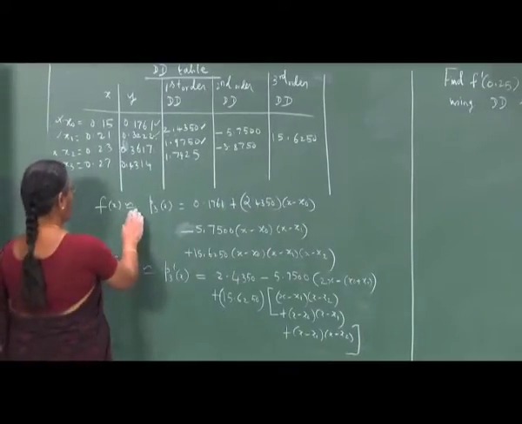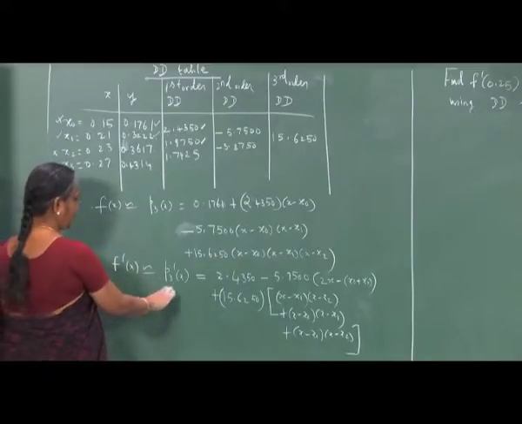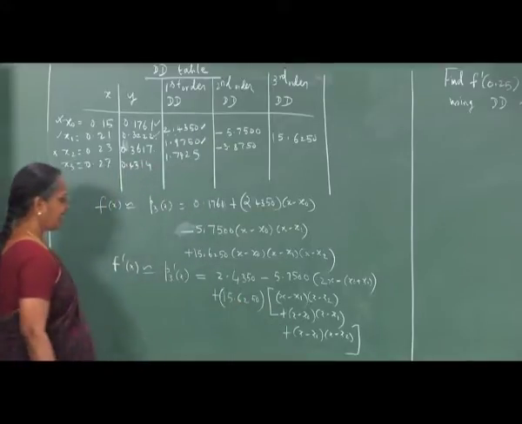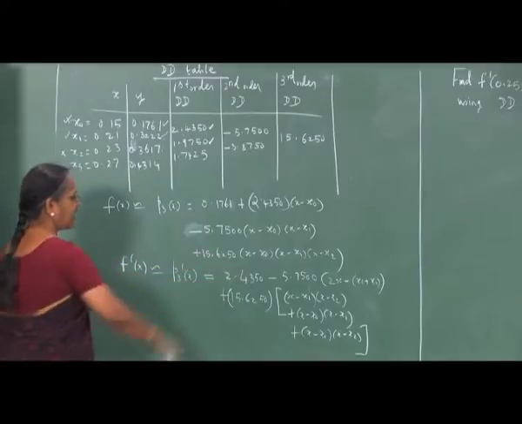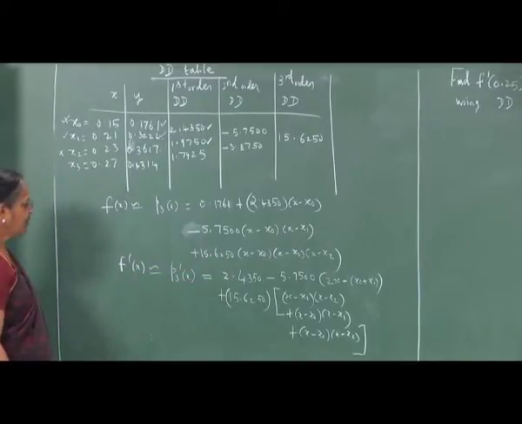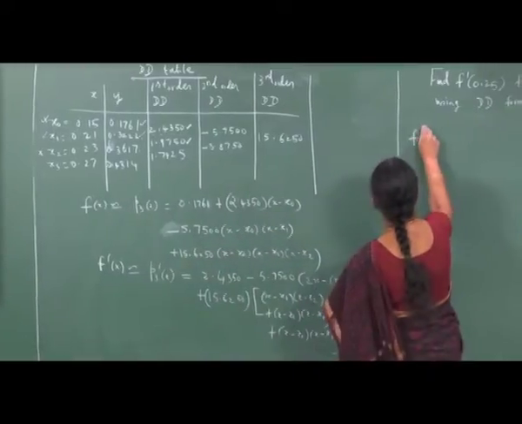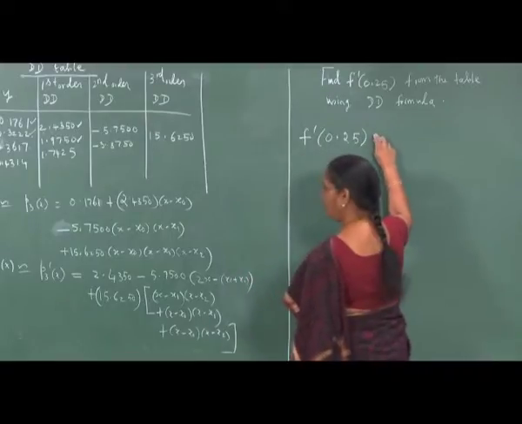So, I compute f dashed of x. f dashed of x will be p3 dashed of x, so we take the derivative on the right hand side. We have written down the expression for the derivative on the right hand side. Now, we require the derivative at some point, f dashed at 0.25.